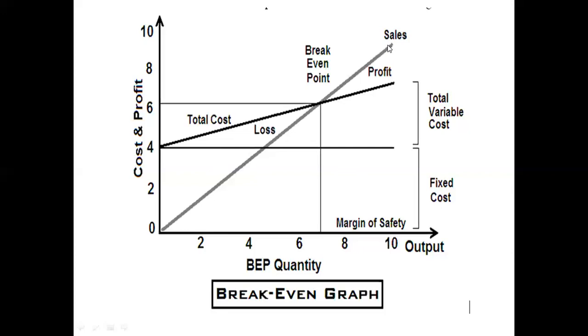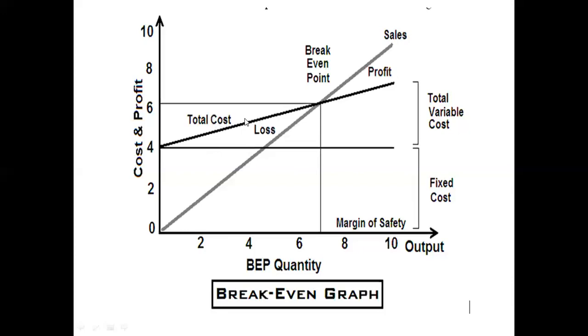This line is known as variable. Why? Because variable means, I will tell variable line, whereas this is the fixed cost line, the variable cost line, and the third one is the total cost line.